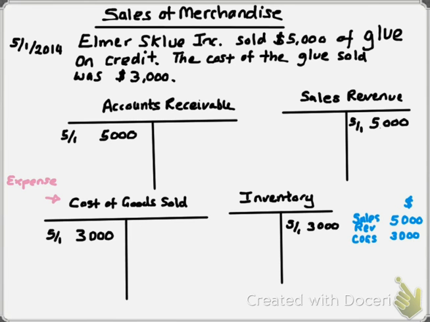Then you will have cost of goods sold, which is an expense which you subtract, and then we end up with a calculation called gross profit. Gross profit is $2,000, which is $5,000 minus the expense of $3,000. And then all your other expenses such as rent and salaries will get subtracted from this gross profit, and then finally you will end up with your net income calculation.